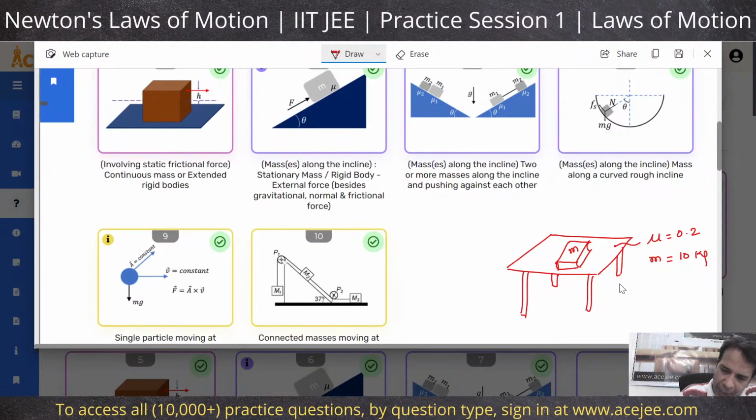Now, if I were to apply a force of 1 Newton, what will be the frictional force? So 1 Newton. And the direction will be opposite to the applied force. What if we increase it to 2 newtons?